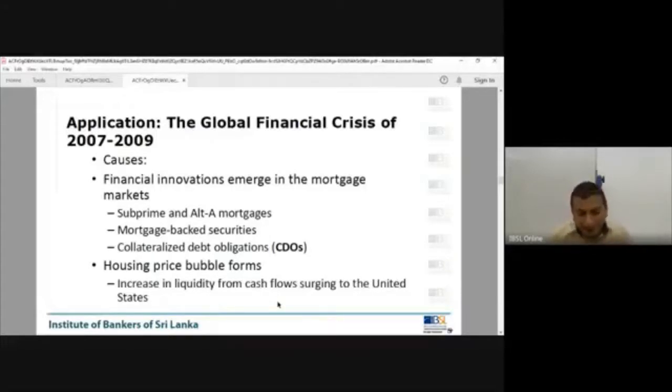This CDO works like this: different levels of risk elements are pooled, where you are paying different interest rates to financial intermediary A. So financial intermediary A creates a security and gives it to some other financial intermediary in the market to buy.